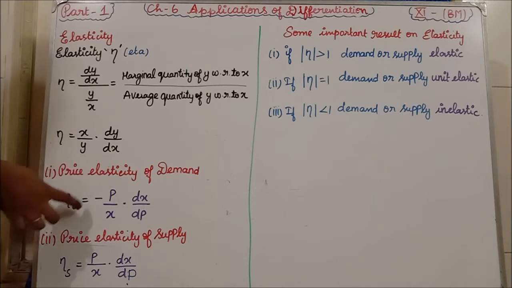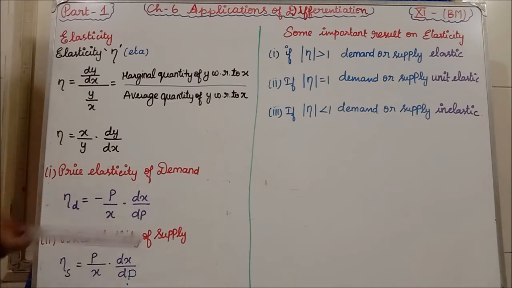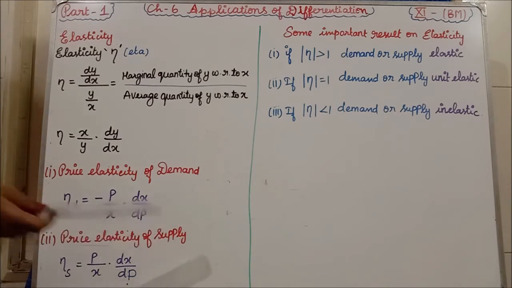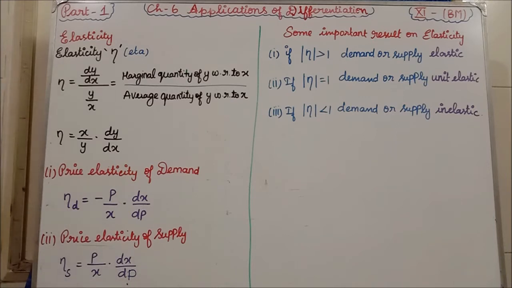Eta d, the elasticity of demand, is equal to minus P by X into dx by dp. Clear? Next is price elasticity of supply. It is the same, here eta s. The elasticity of supply is, since demand is negative and supply is positive, the same: P by X into dx by dp.